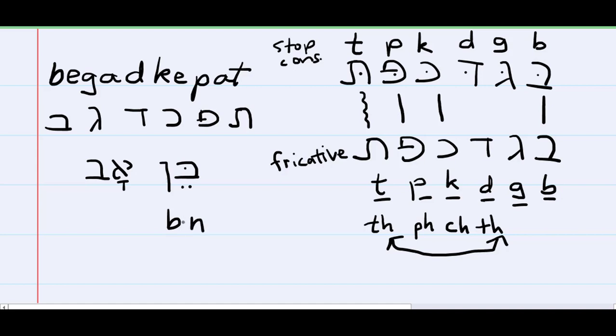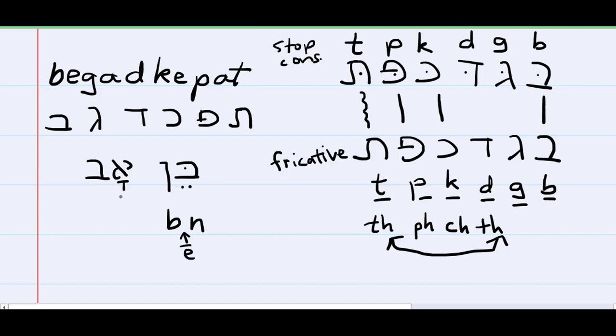And if I knew my vowels, I would put an E right there, but we're not going to worry about that. Just the consonants. Bet, noon. By the way, notice that that's a final noon. In my English transliterations, I do not specify final noons because it should be assumed that if an N in transliteration is at the end of the word, then it's representing a Hebrew final noon.